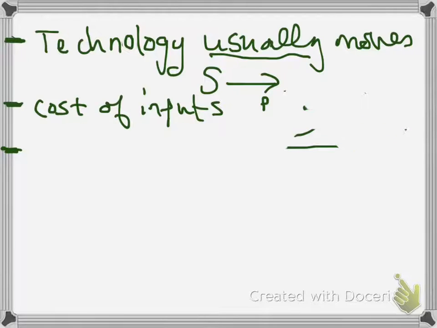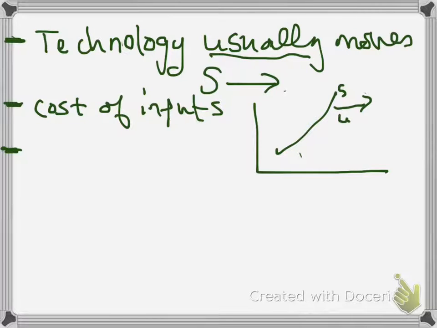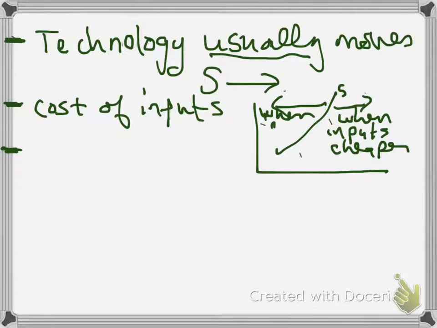If I say supply moves this way when inputs are cheaper, and this way when inputs are more expensive. Boy, there's just not room for this.